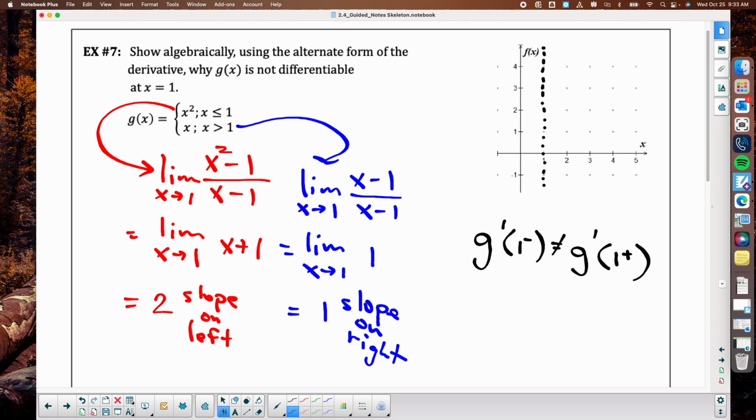Well, if I draw a parabola, it would be 1, 1, 2, 4. And this is a filled in circle. And on the right hand side of that, I would have y equals x, which is just a 45-degree angle. It would be an open circle, but directly on top of this filled in circle.